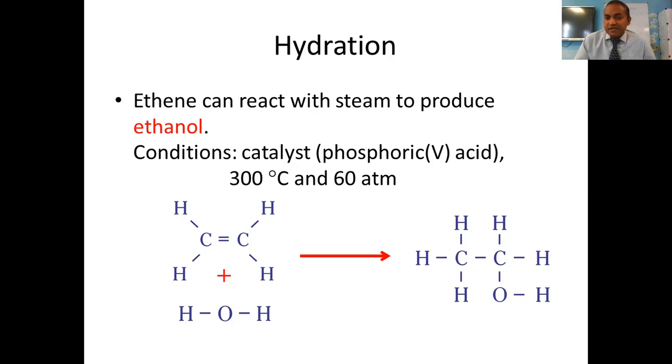So this is very interesting, how to change an alkene to alcohol. So guys, all these reactions, hydrogenation, bromination, and also hydration, are known as addition reactions. It only happens in alkene because the double bond can be converted into a single bond.